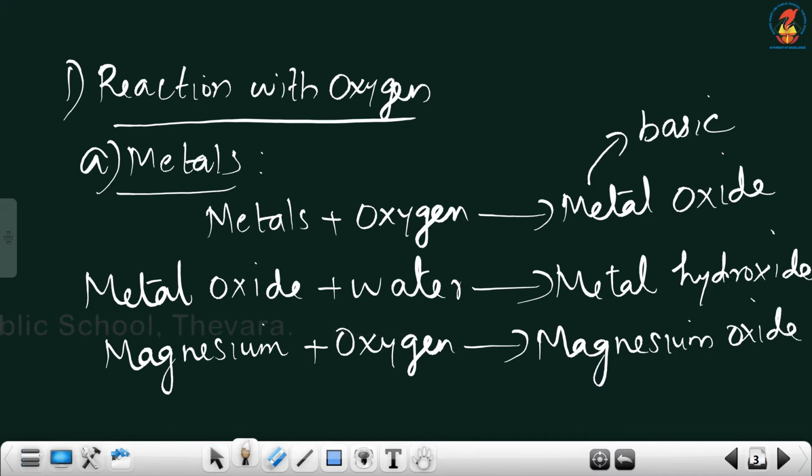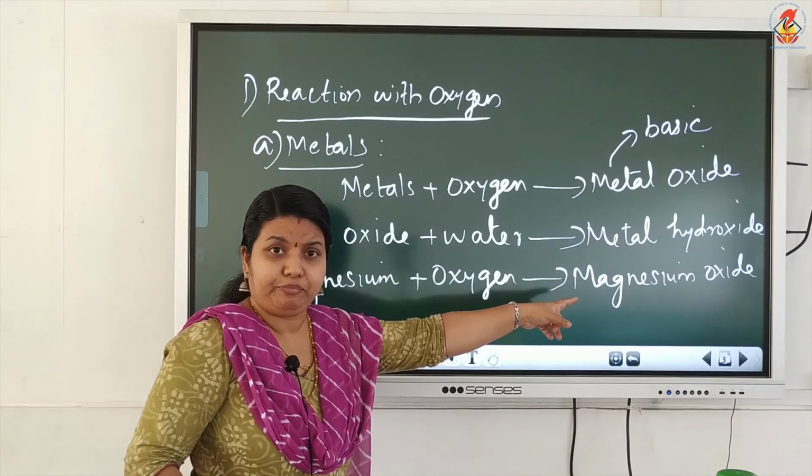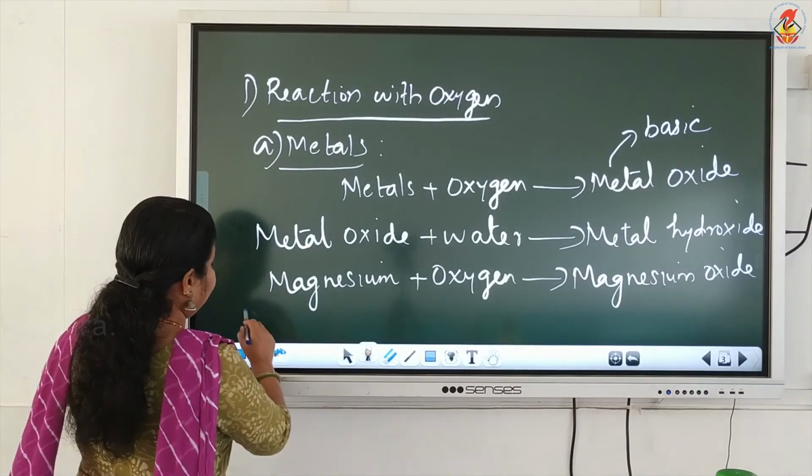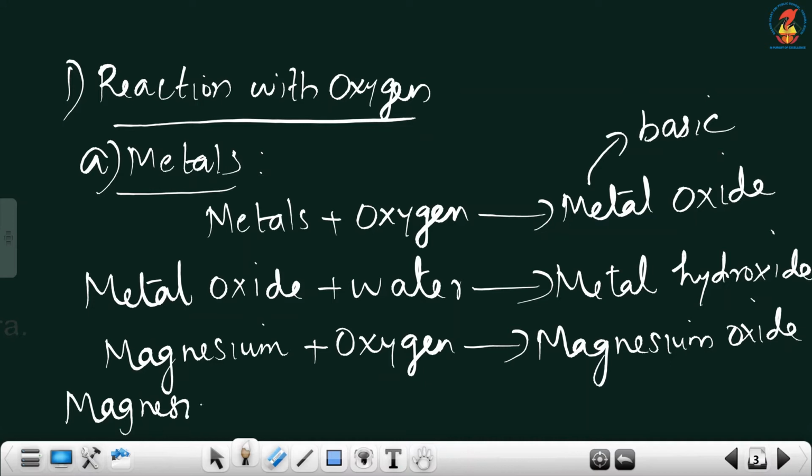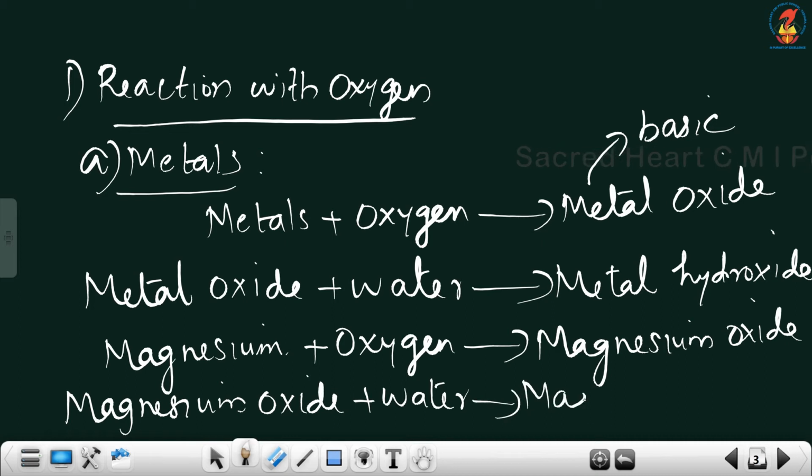Magnesium burns in oxygen to form a white ash of magnesium oxide. When this white ash is mixed with water, what do you get? You get magnesium hydroxide.